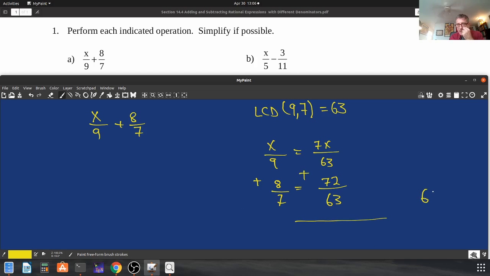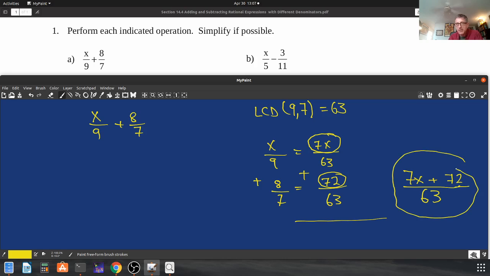So when I add them, I look at the common denominator, which is 63, and then I just add the numerators. Here's one numerator. That's 7x. And here's the other numerator, and that's 72. And I can't factor, in this case, 7 and 72 don't share any common factors. So that's it right there.